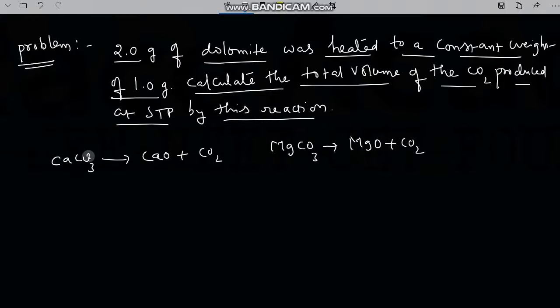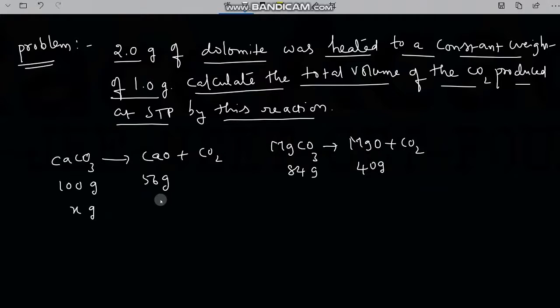In these two equations, 100 grams of calcium carbonate gives 56 grams of calcium oxide, and magnesium carbonate, with molar mass 84, that is 84 grams, gives 40 grams of magnesium oxide. In this, we don't know the mass of calcium carbonate.